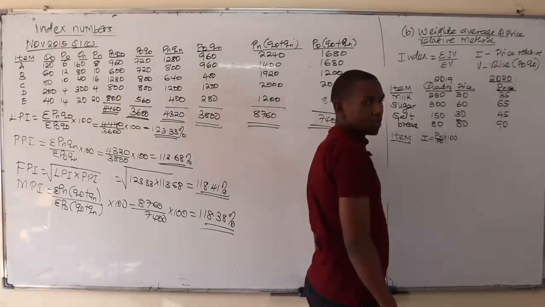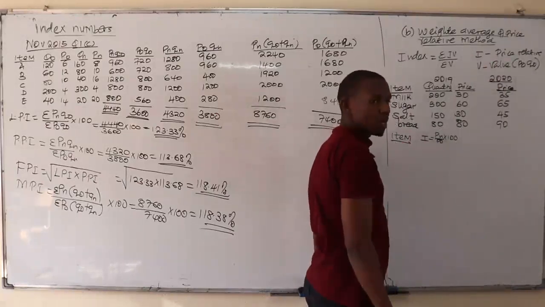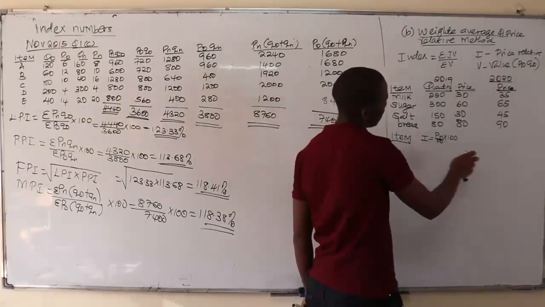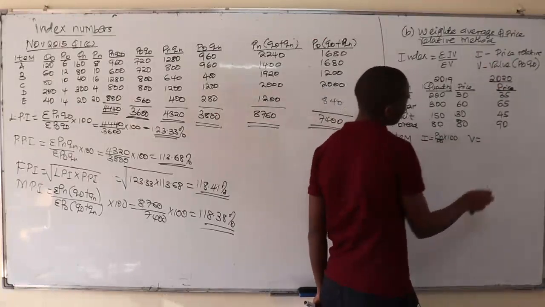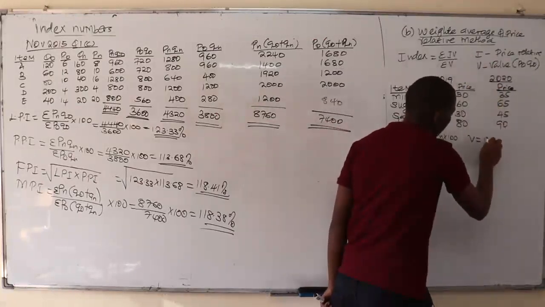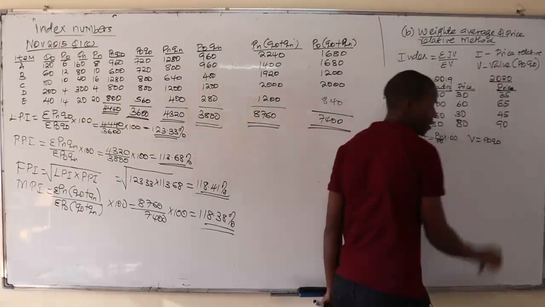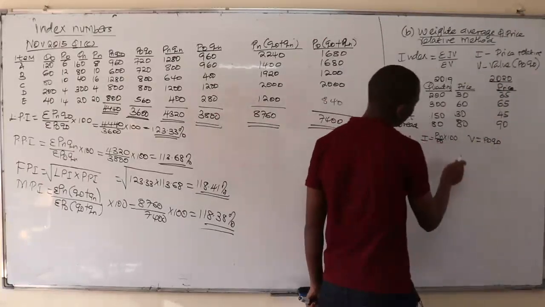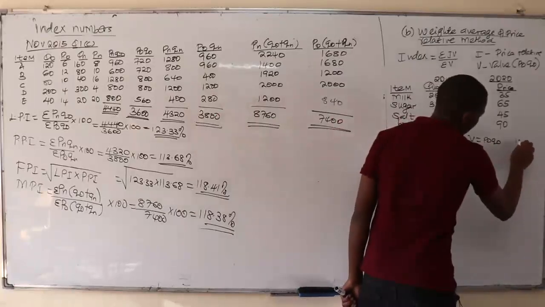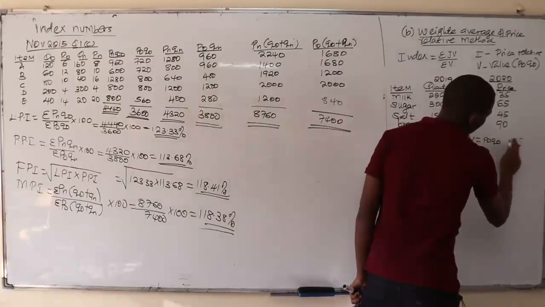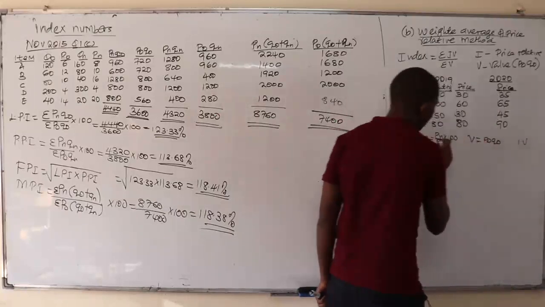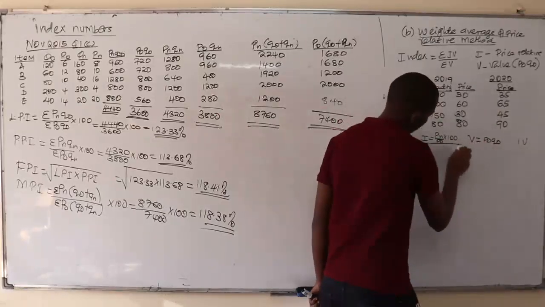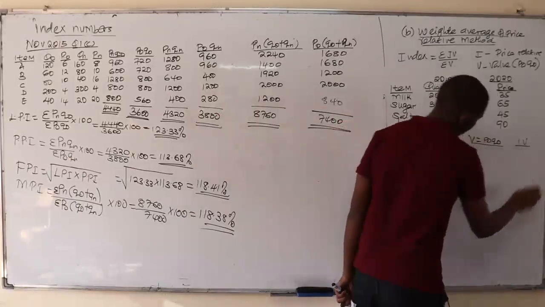Then for V, we take P0 multiplied by Q0. At the end of it, we take the index I and multiply by V, that is IV.